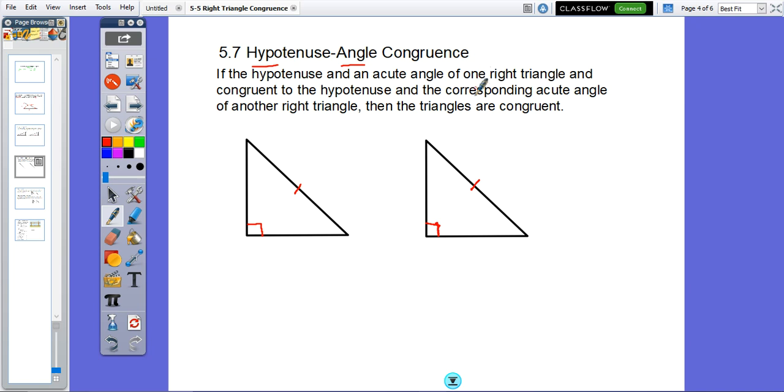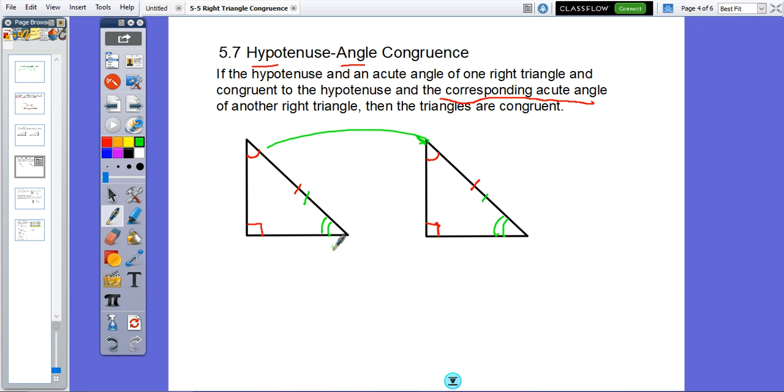What has to be true, though, is that we have to use the corresponding acute angle. So if I'm going to use this top angle, then I have to use its corresponding partner over here. So that makes it hypotenuse angle, hypotenuse angle. I could also use the other angle and go hypotenuse angle this way, but I only need one of these two, but they have to match up.